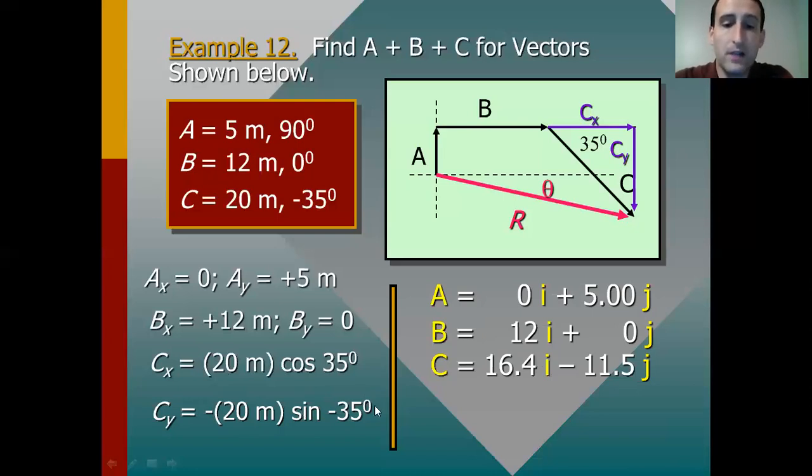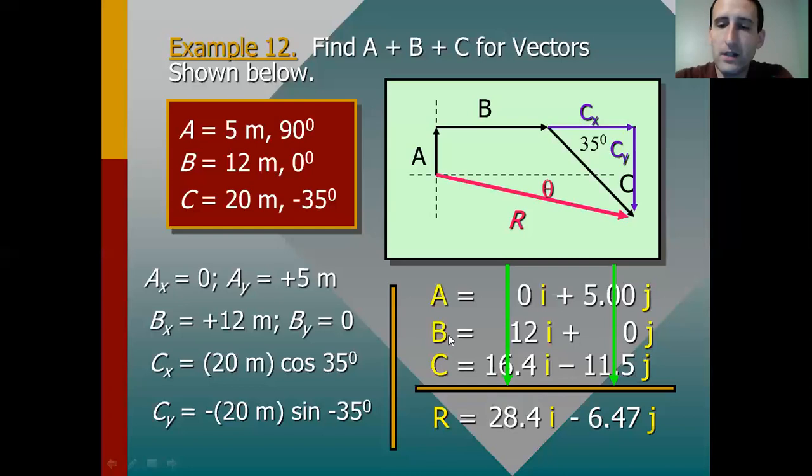The sine of negative 35 should give us the negative sign. Should only be one negative sign, minus 11.5. So now we're going to add our columns. We get 28.4 i hat and negative 6.47 j hat. So those are our final i and j values for the pink, well, what's going to be a pink triangle.